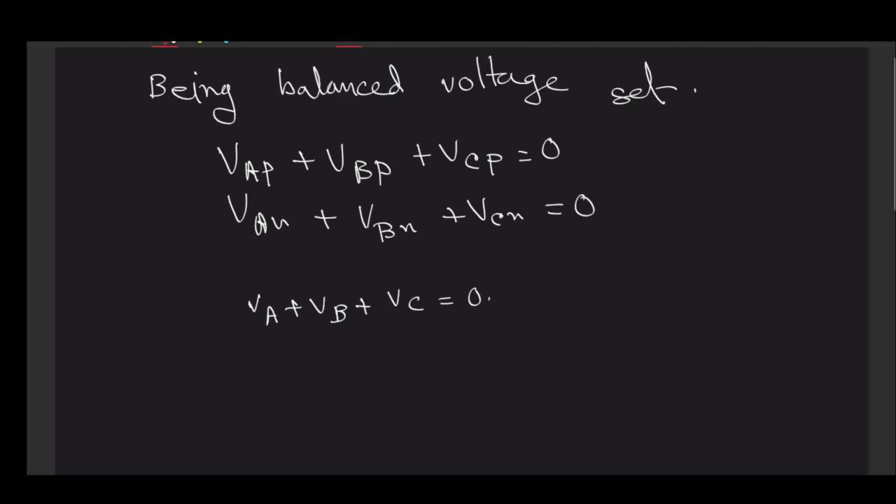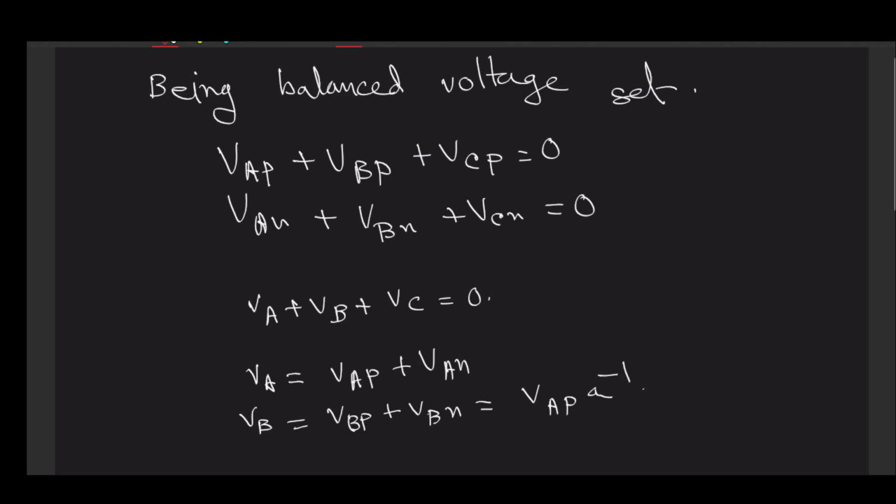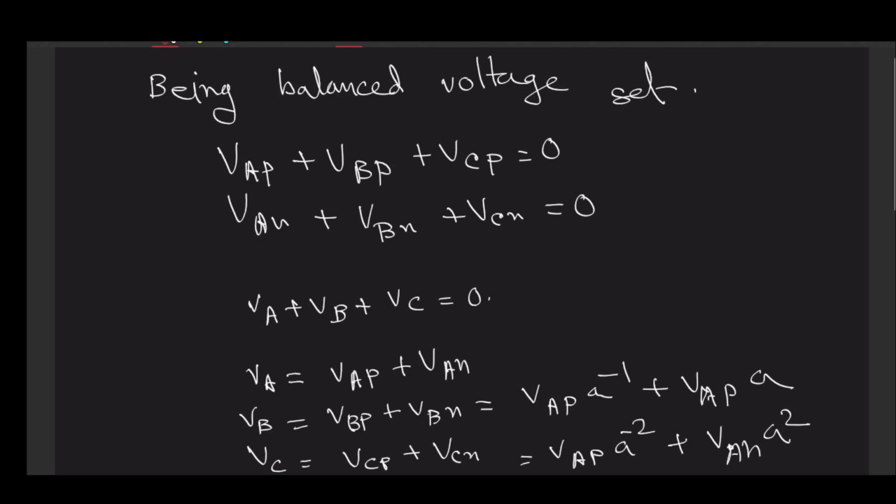So from this, let us rewrite once again the equation: VA is equal to VAP plus VAN, then VB is equal to VBP plus VBN, which is VAP A inverse plus VAN A, then VC is equal to VCP plus VCN, which is VAP A minus 2 plus VAN A square, right? So this is all.